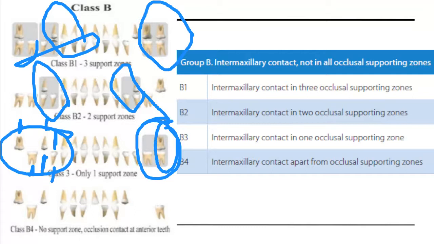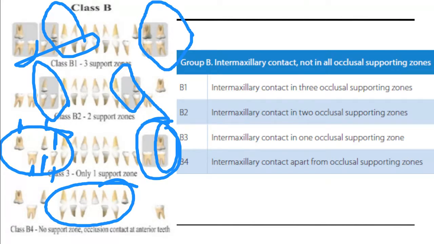And what is B4? B4 is a condition with intermaxillary contact apart from the occlusal supporting zones, so the contacts are only in the anterior region. In this position, the patient tends to chew food with the anterior teeth. He won't chew the food in the posterior teeth because there are no occluding surfaces there. So the patient tends to chew the food in the anterior area.